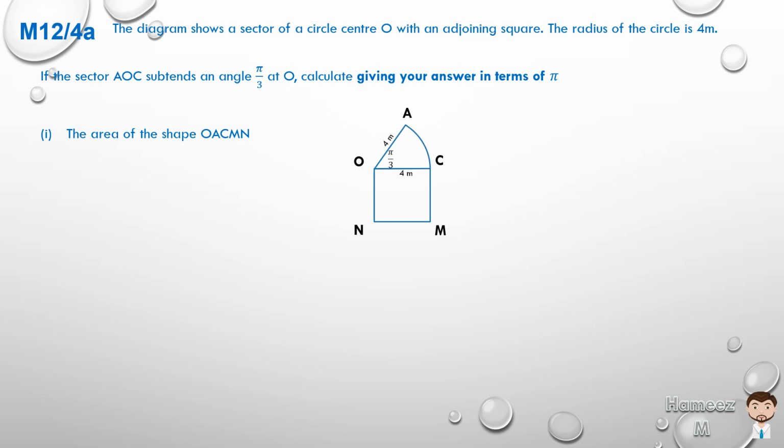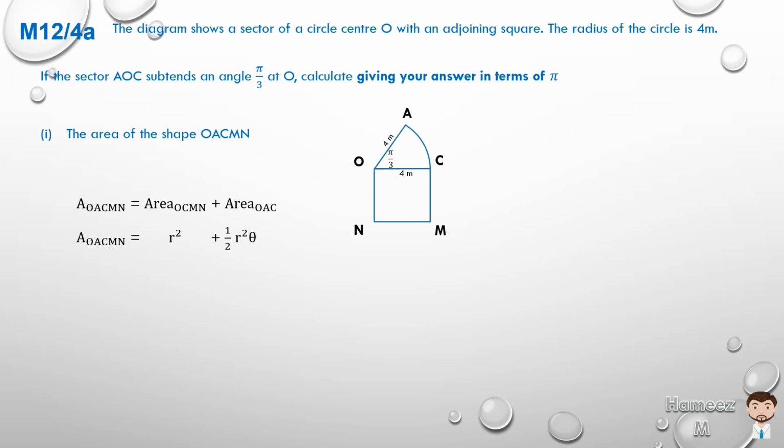So we can consider this to be a compound shape where we have the area of the sector above and the area of the square. So we can write that the area of the entire shape OACMN is equal to the area of OCMN and the area of OAC. And OCMN is a square with side 4 or R. So that will be R times R or R squared. Plus the area of the sector, which is a half R squared theta.